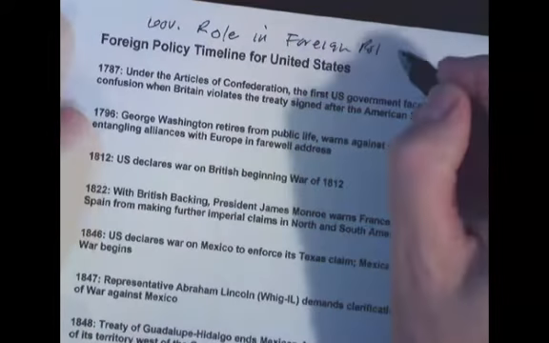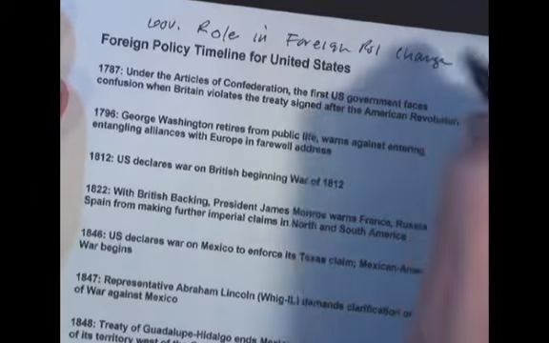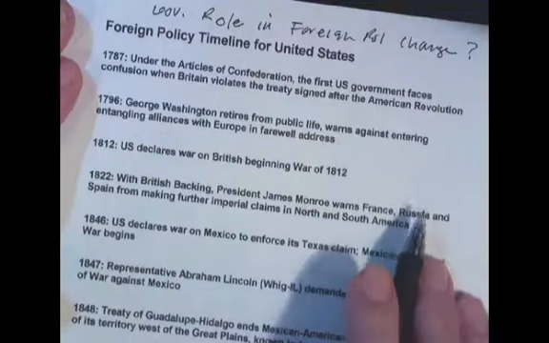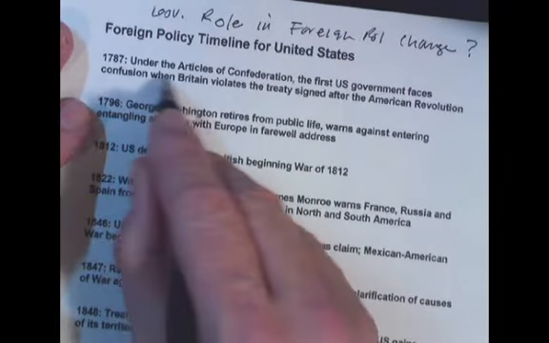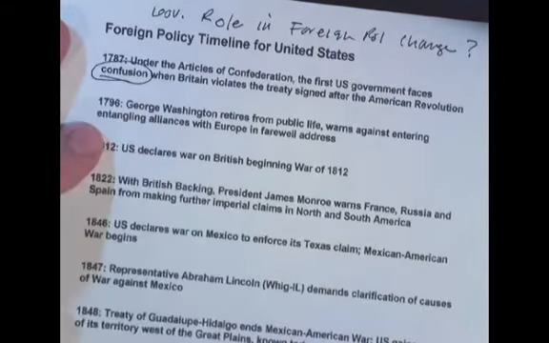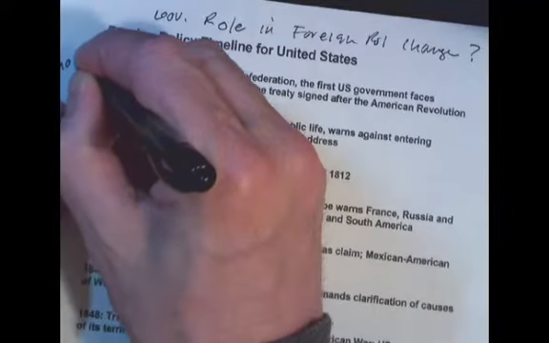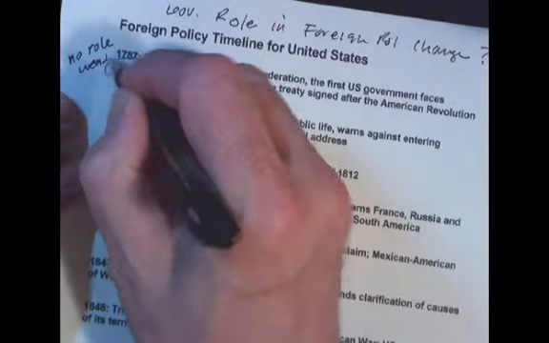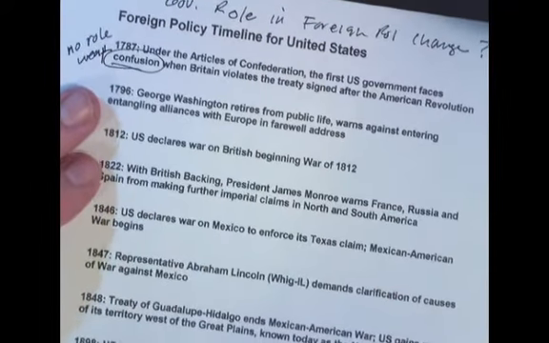How did it change? So I have to focus on the government role. Well, in the Articles of Confederation, there was confusion, and the government really had no role because it was so weak. That's the first part.